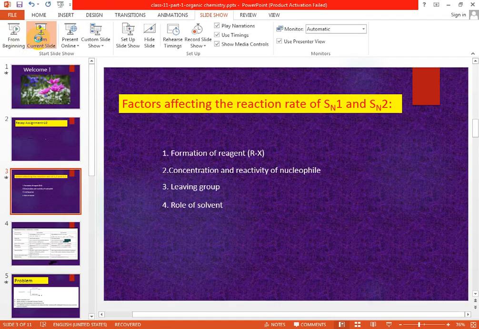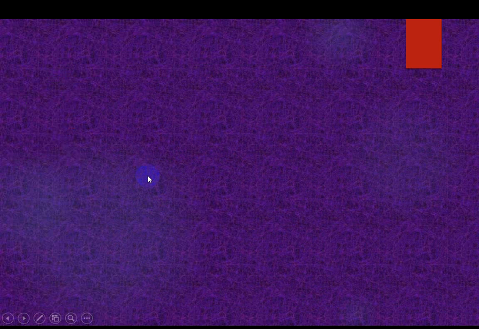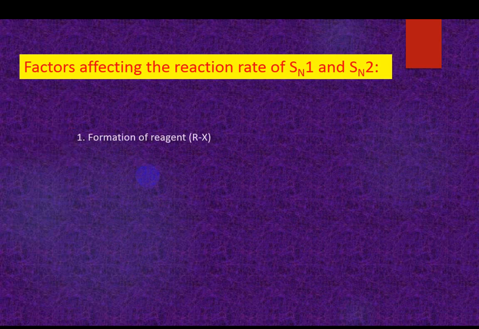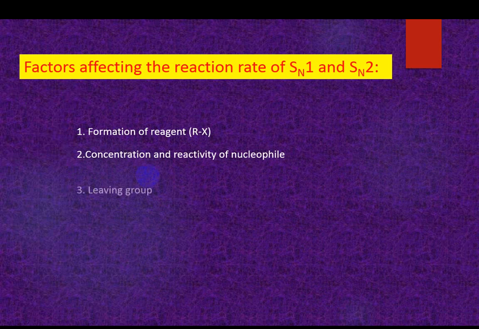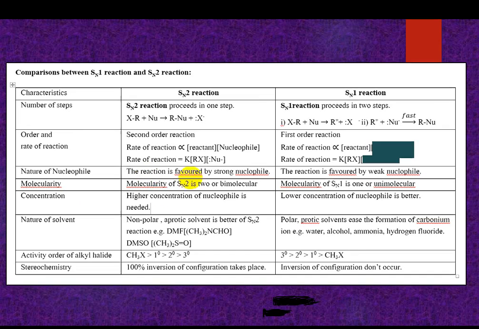Now the role of solvent. This is the comparison between SN1 and SN2 reactions. An SN2 reaction occurs in one step, an SN1 reaction occurs in two steps. SN2 is a second order reaction because the rate depends on both the reactant and the nucleophile. SN1 is a first order reaction, the rate depends on the reactant alkyl halide.